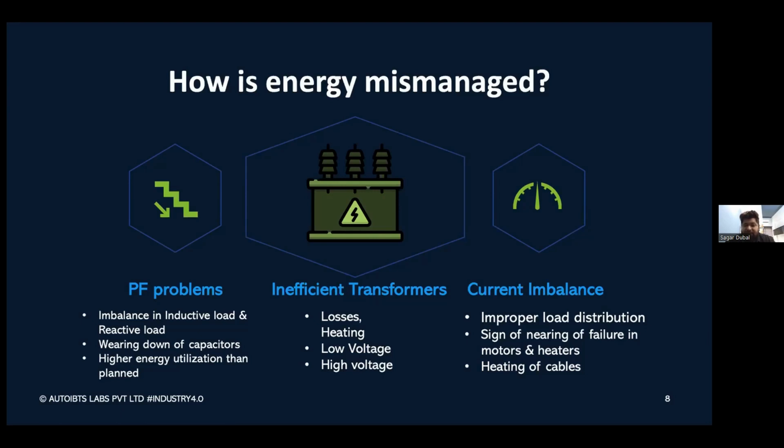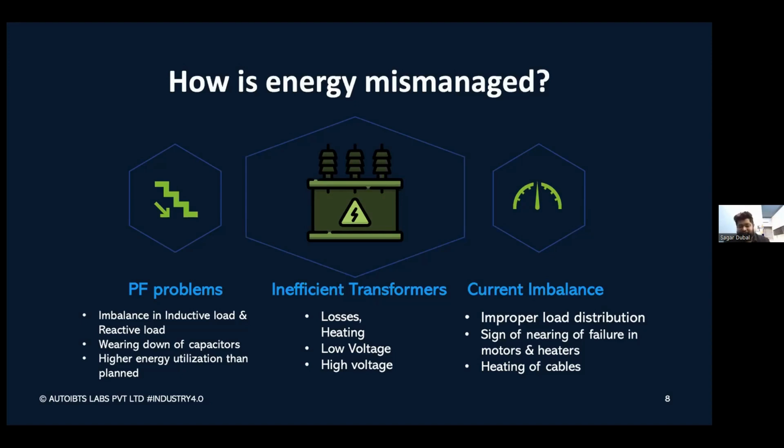If there is low voltage, then your systems are prone to heating. If there's high voltage, then also they're prone to heating and not delivering the same amount of output that they should. So transformer monitoring is very important, because if the transformer is not working well, then everything down the line is not working well.